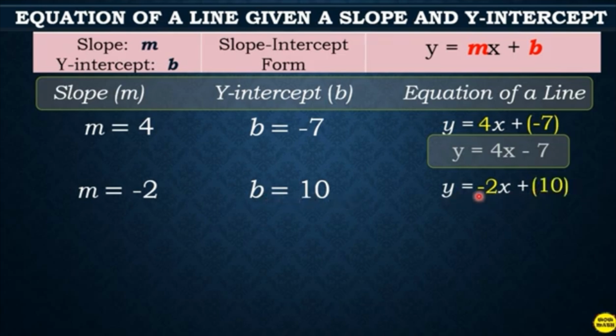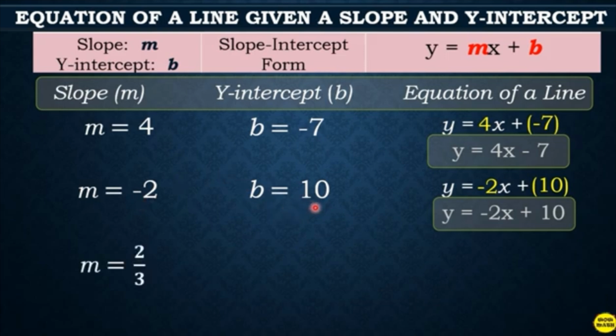So, if we will simplify this, since positive naman ito, so wala tayong kailangan pang i-multiply dito sa signs natin. So, we will have y is equal to negative 2x plus 10. So, tatanggalin na lang natin itong parenthesis. Okay, let's continue. So, this is the equation of a line given the slope negative 2 and y-intercept 10.